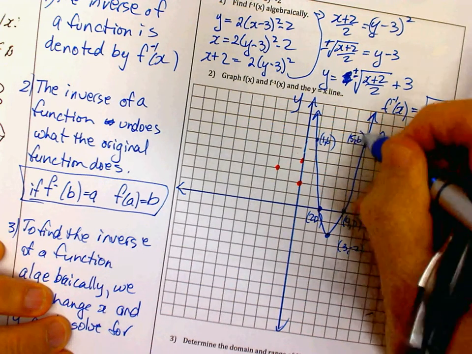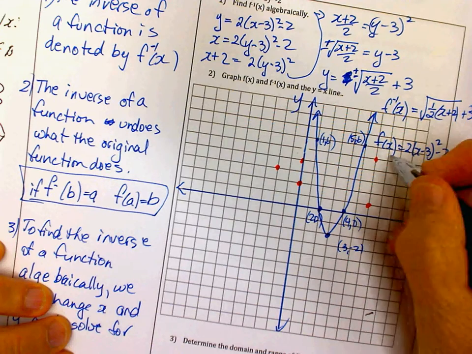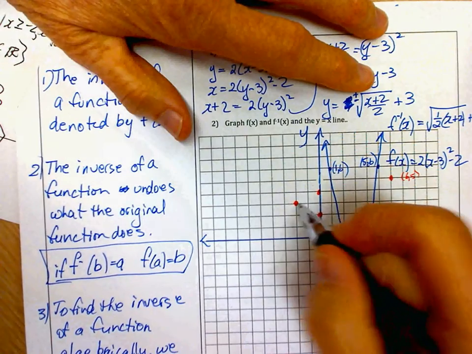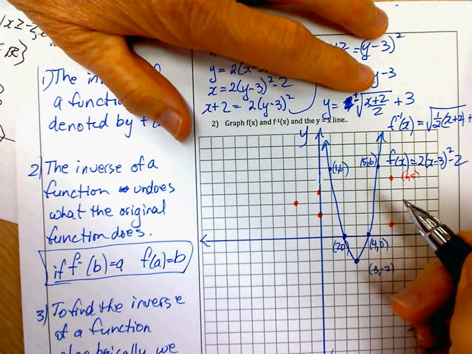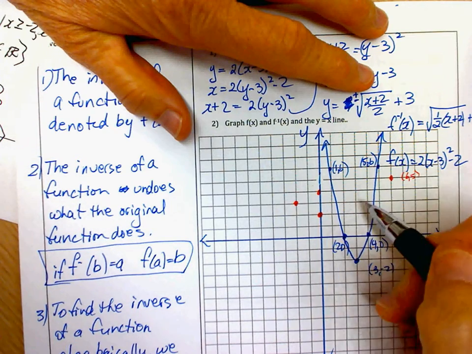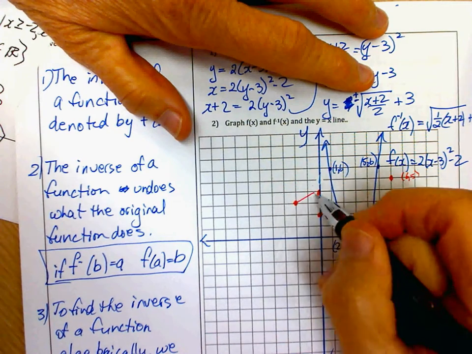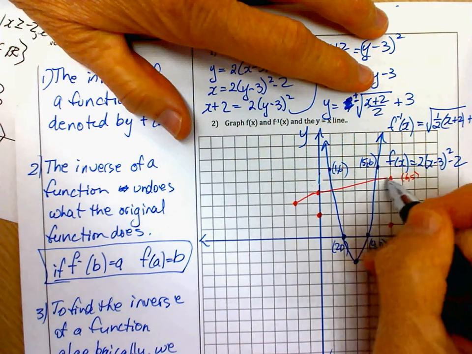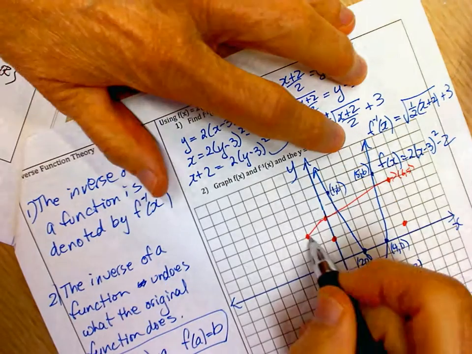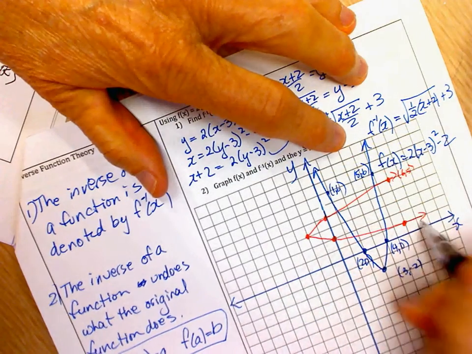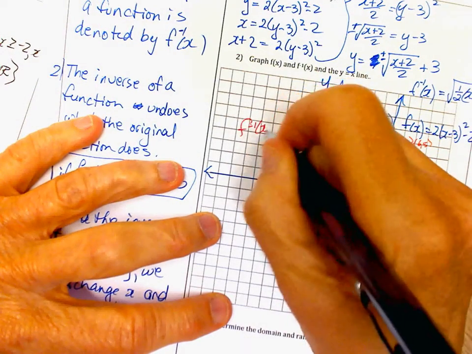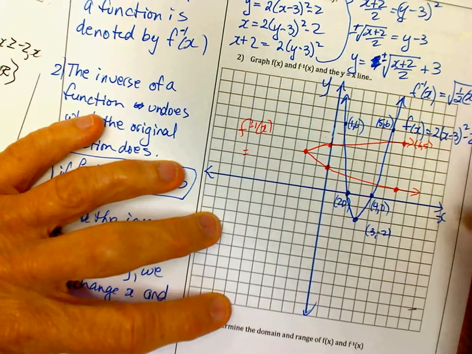Okay, so now I'm ready to graph this, and this looks pretty good. Uh-oh. Not used to graphing sideways. There we go. Okay, there's our inverse. It's f minus 1 of x, which equals the square root of 1/2 of x plus 2, plus 3.